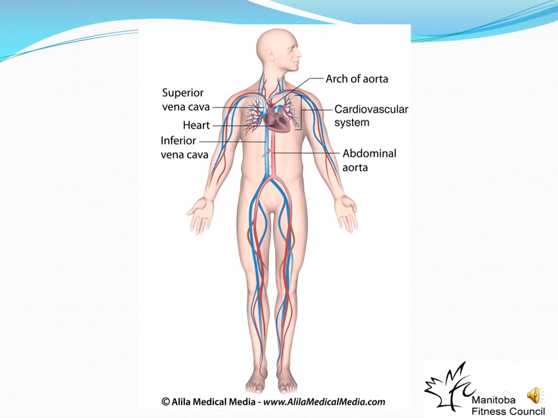From there, it'll get pushed into more and more arteries, and the arteries will gradually get smaller. They'll look like branches, gradually getting smaller. So it goes to more and more arteries until it goes to arterioles, which are very small arteries, and then it goes into capillaries.